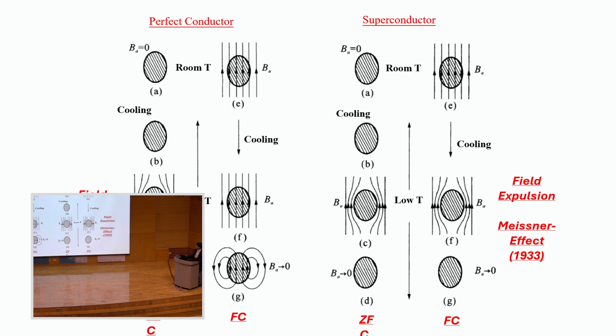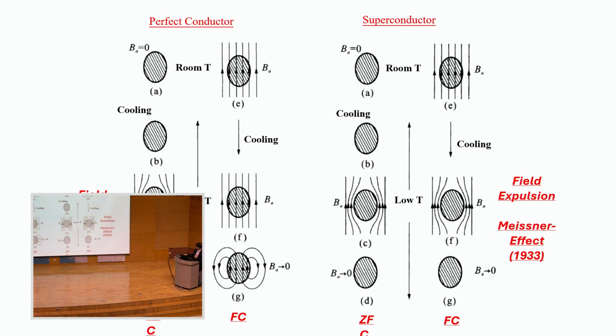As you can see here, for a perfect conductor, when you cool it inside a field and then finally withdraw the field, which we call field cool, it shows some dipole effect trapped inside. So in a perfect conductor, basically the magnetic field will resist entering, but once it enters, it will not go out easily, as is indicated here.